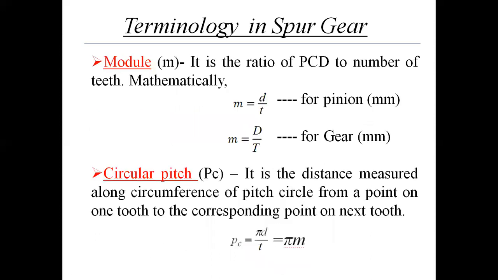Next is module. It is denoted by small m or capital M. It is the ratio of pitch circle diameter to number of teeth. Mathematically, module is the ratio d by t.